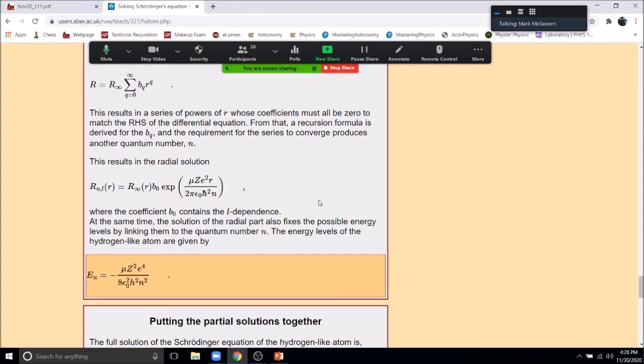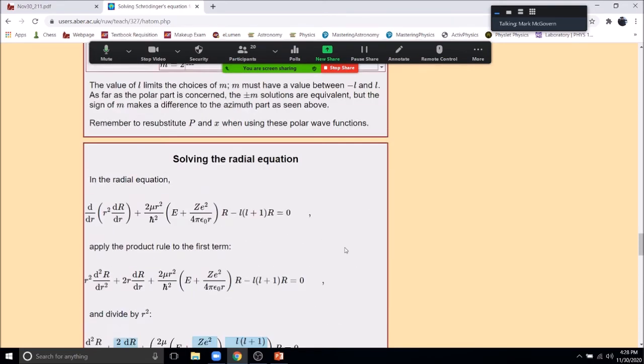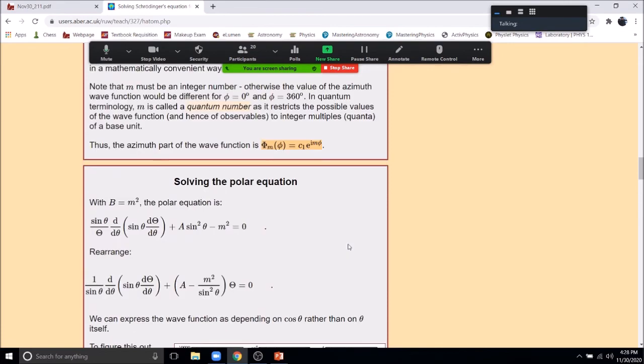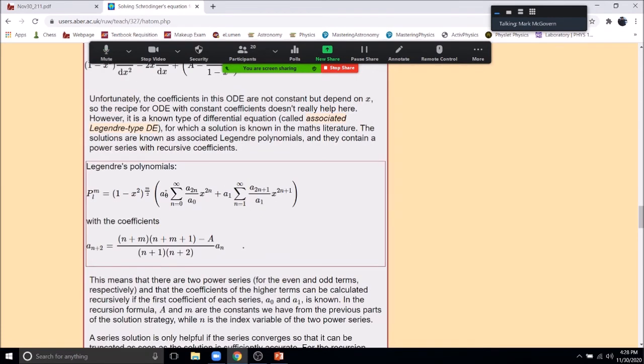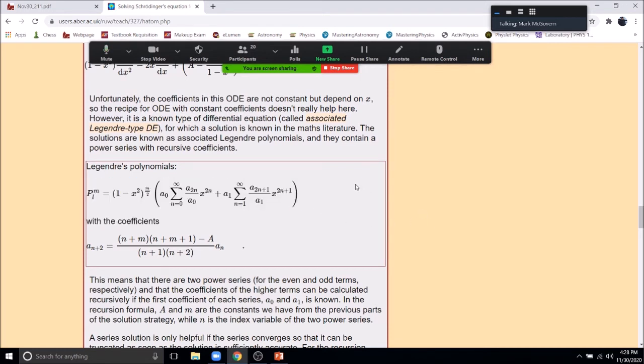Again, I don't expect any of you to really follow much of this. I'm not testing you on any of this stuff, but I'm just sort of exposing you to what you could deal with. The P values, which are part of the angular part, are what are called Legendre polynomials. They're here. This entire insane expression here are the Legendre polynomials.